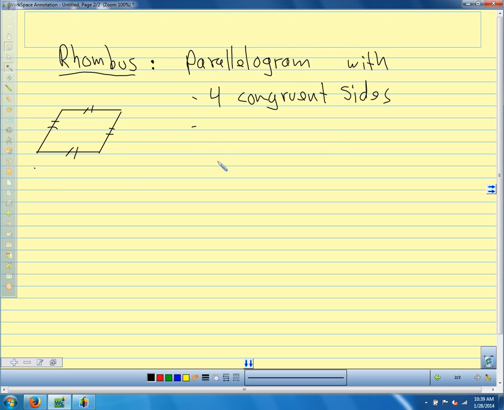Something else happens with a rhombus. The diagonals are perpendicular. Perpendicular means what? They intersect at 90 degrees. They make a 90-degree angle with each other.